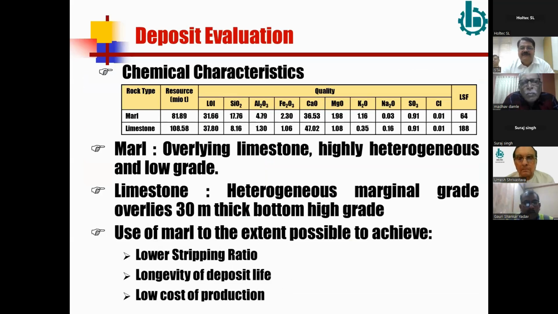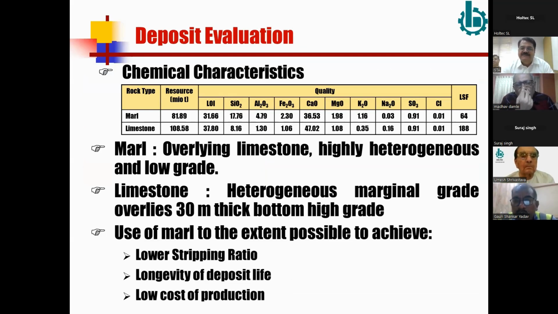So after deposit evaluation, you can see that the mine has 81.9 million tons of resource of marl and 108 million tons of limestone. Marl is overlying the limestone and is very highly heterogeneous and low grade in nature. Limestone is also heterogeneous marginal grade, which is overlying the 30-meter thick bottom grade limestone.